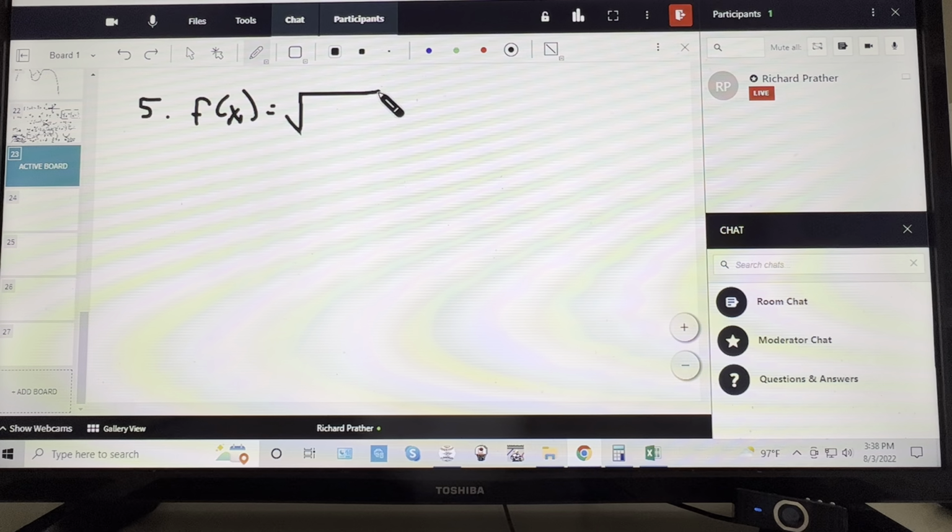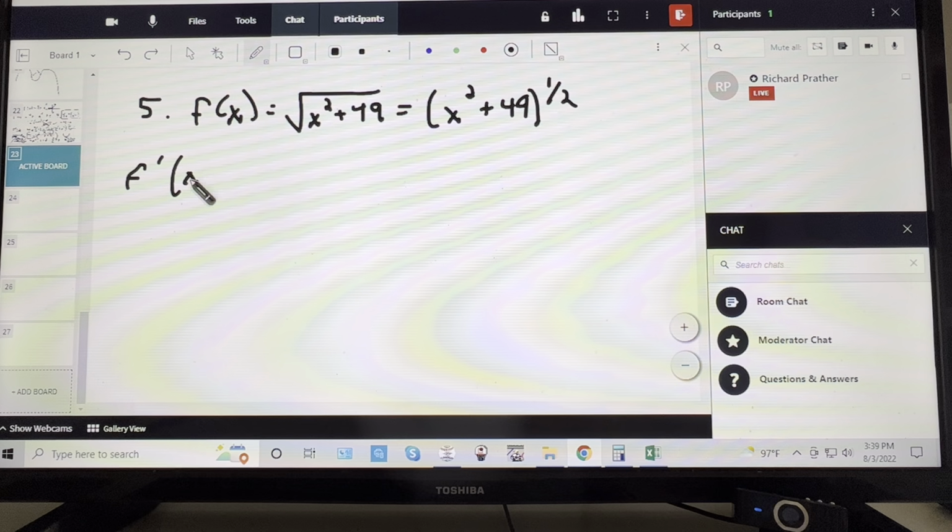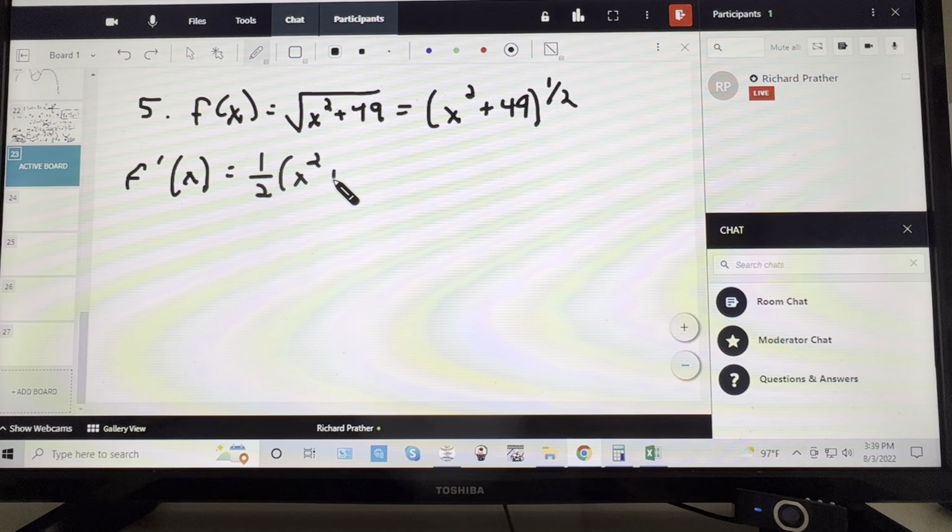So the original function was x squared plus 49 inside of a square root. Square roots are 1/2 powers. The first derivative was correct. The first derivative is 1/2 times x squared plus 49 to the negative 1/2. That's the power rule.